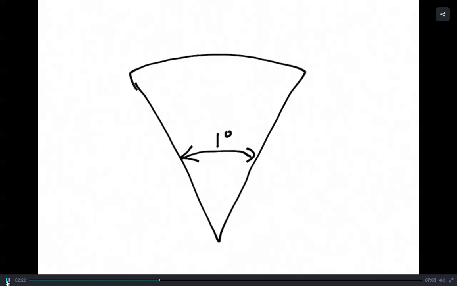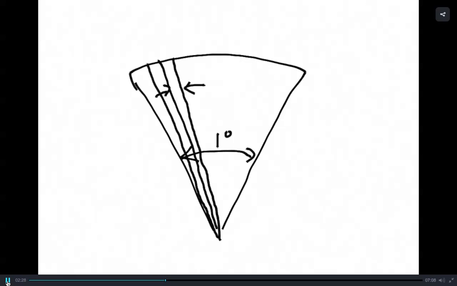What if we needed to divide this one slice of pizza into 60 more slices? Well, each slice is much narrower than a degree. So we're dividing this one slice of pizza 1 degree wide into 60 other slices. And that angle that we now see is 1 arc minute.